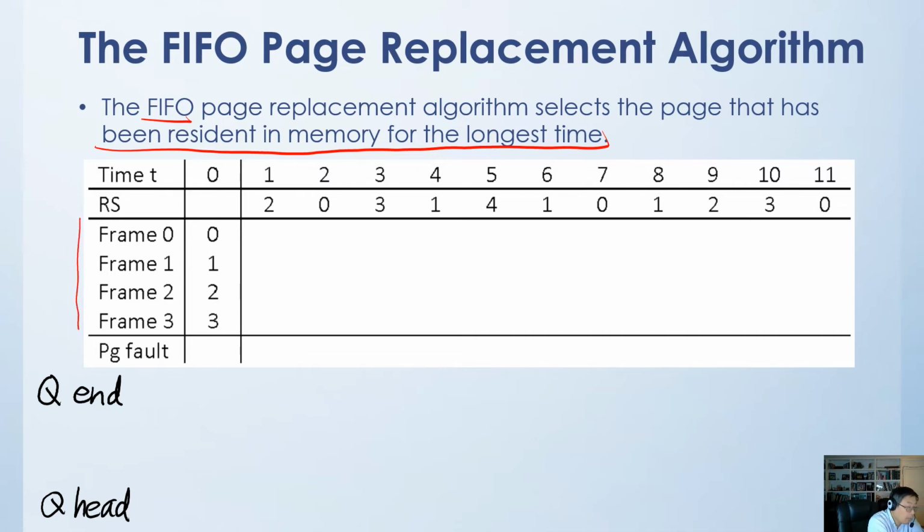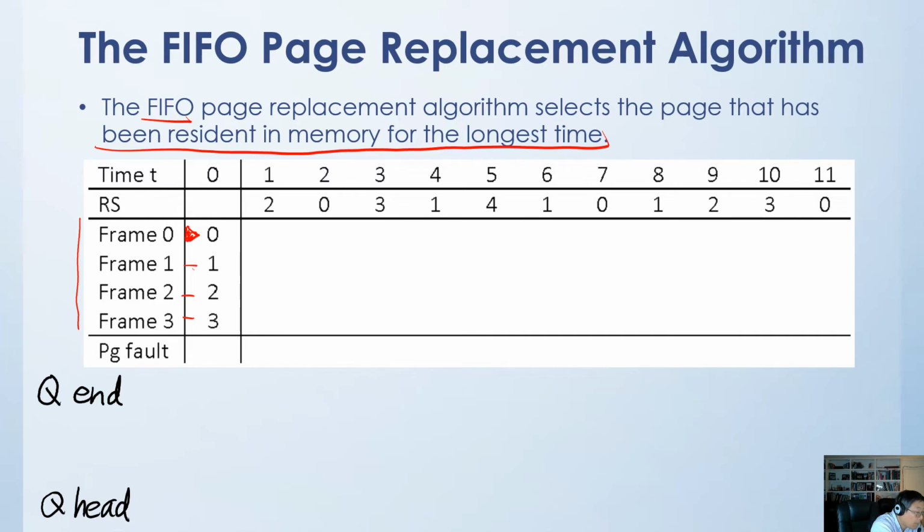We have a memory which contains 4 frames, frame 0, 1, 2, 3, and page 0 is already in frame 0, page 1 is in frame 1, page 2 is in frame 2, and page 3 is in frame 3. We also assume page 0 is the first loaded page, followed by page 1, page 2, page 3.